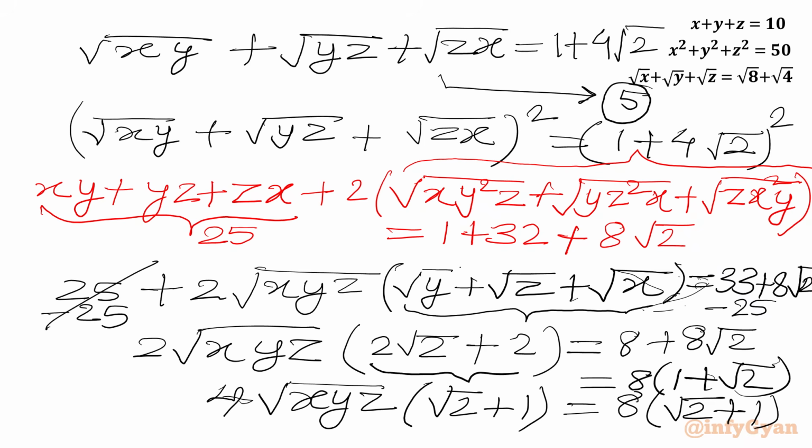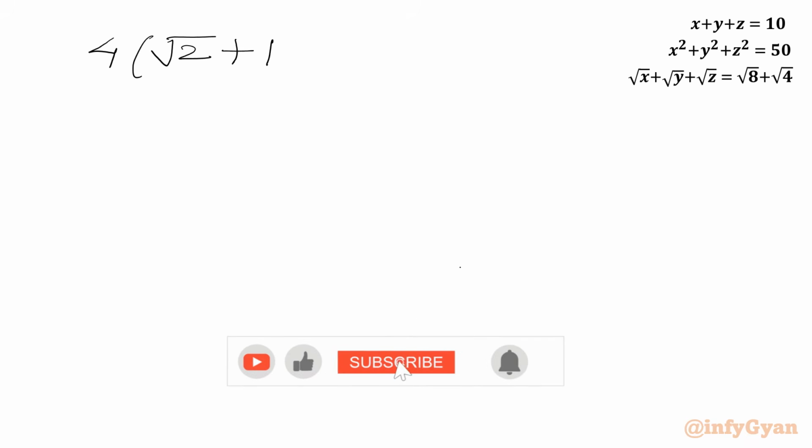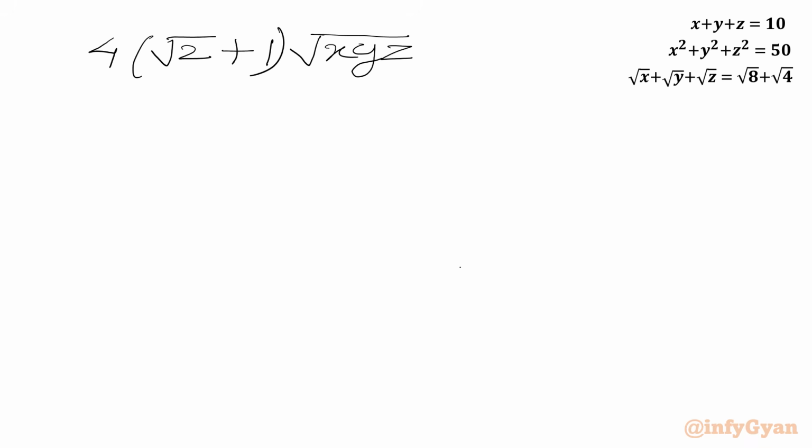Now we will divide both sides by 4 times (square root 2 plus 1). So we will write here 4 in bracket (square root 2 plus 1) times square root xyz will be equal to 8 times in bracket (root 2 plus 1).